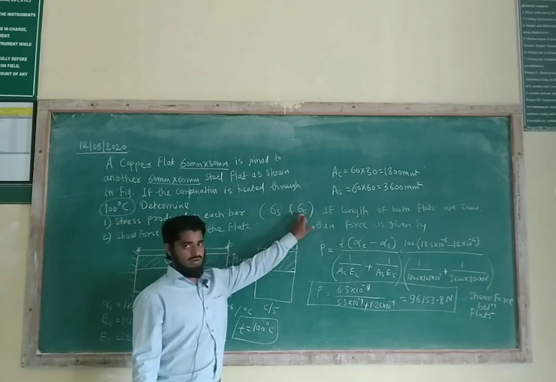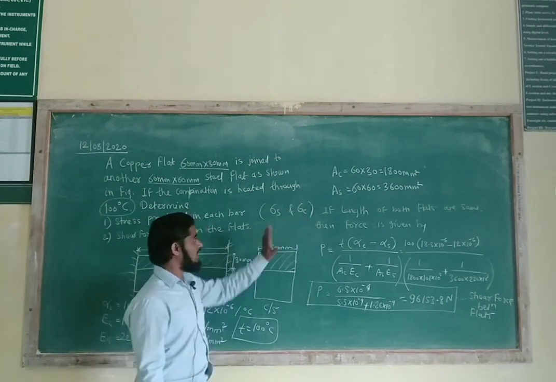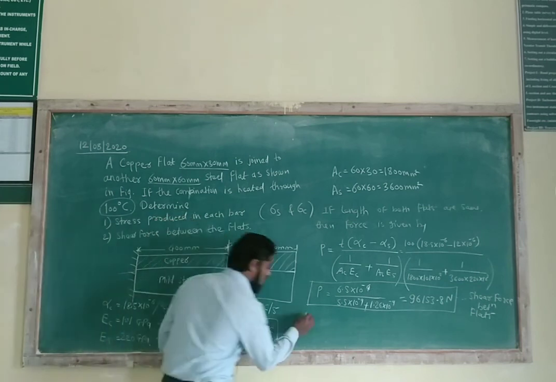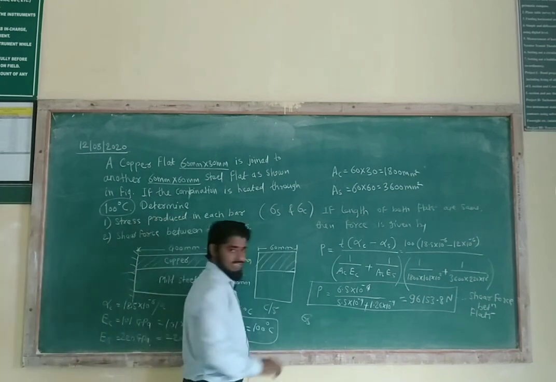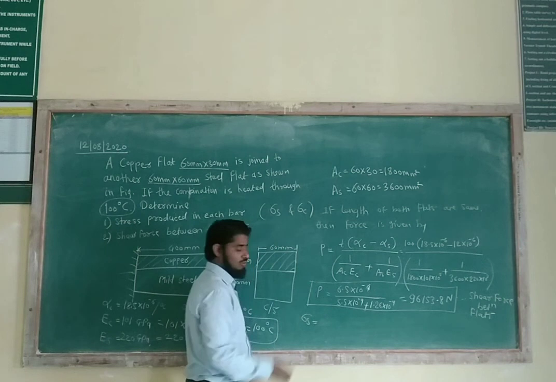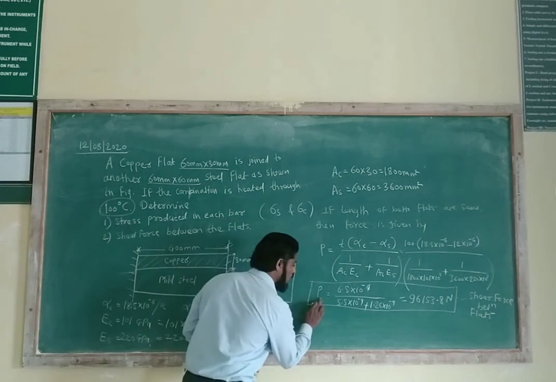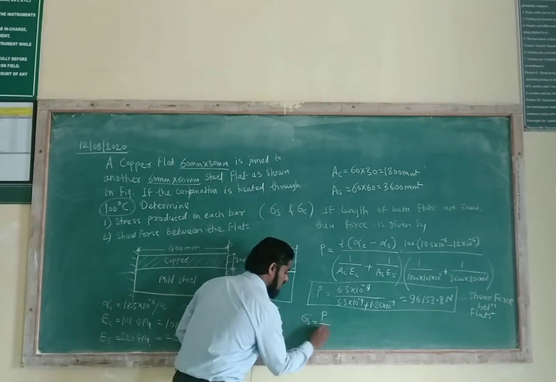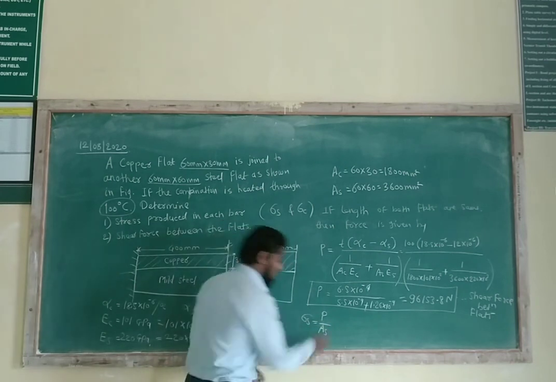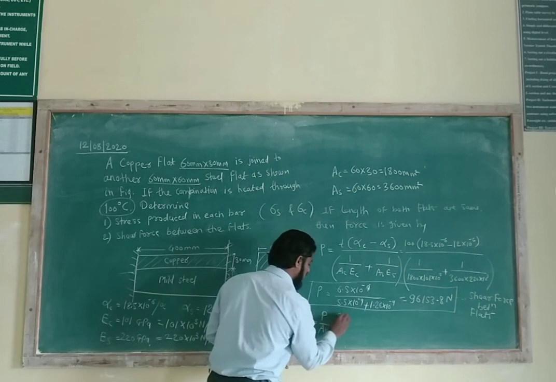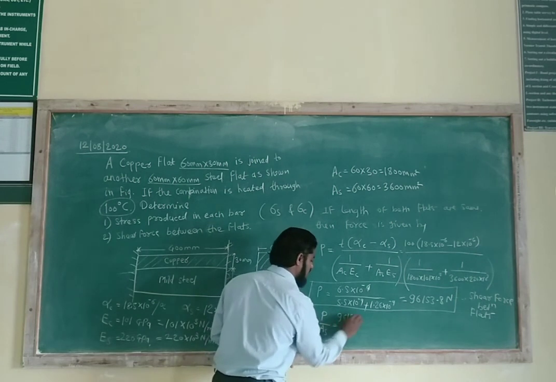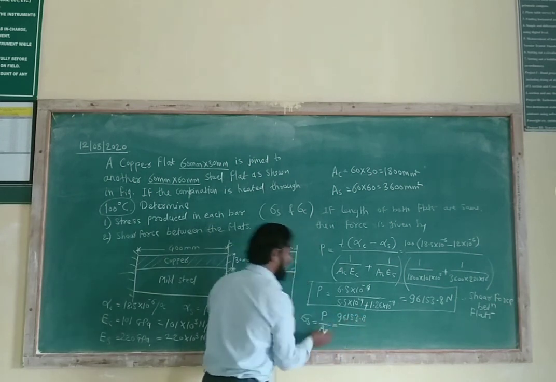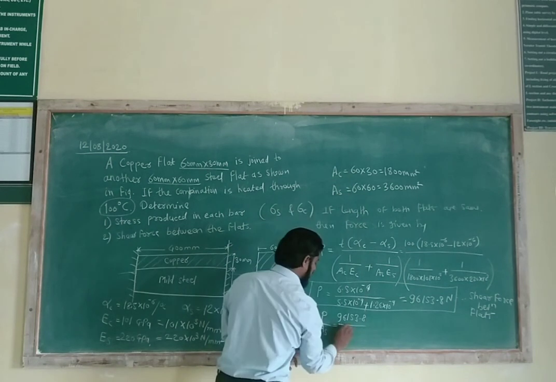Then how do we calculate stress in steel and stress in copper? We know the formula for stress in steel: load upon area, that is the force upon the area of steel. P is 96,153.8 divided by the area of steel, 3,600.